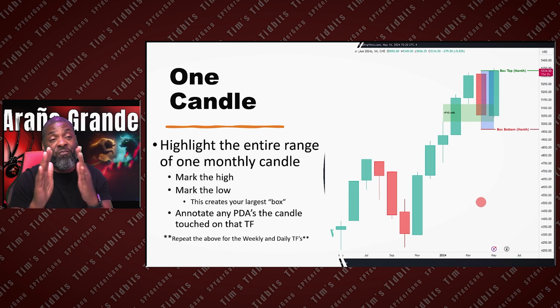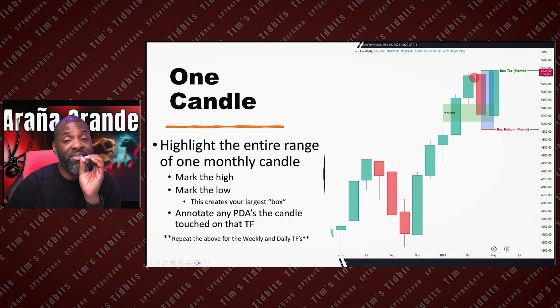So there's a lot of information in just one candle. So you want to start out by highlighting an entire range for just one monthly candle, from the high to the low. And then with TradingView, I just extend it over to the next candle, and it'll highlight the range of everything inside that candle.